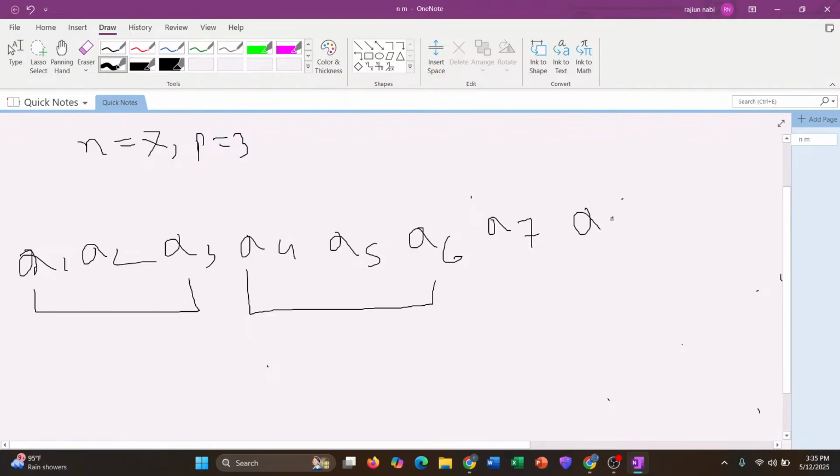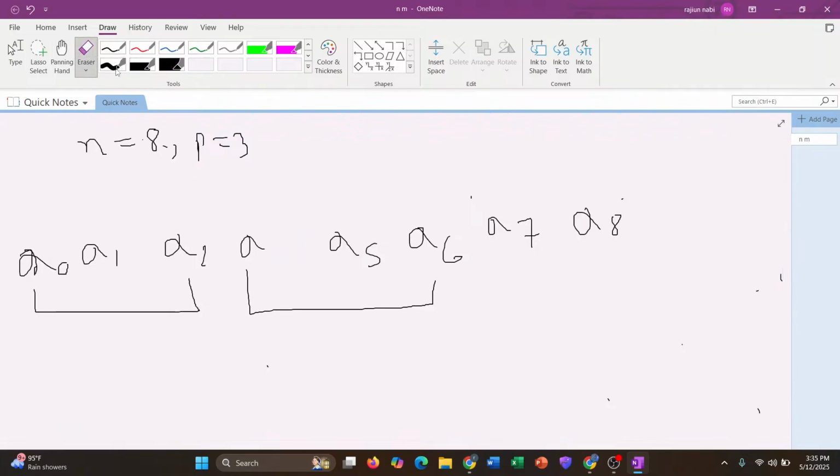I hope n equal to 8 will be a better example. Then 2 extra elements are left. If we rewrite it like this, it will be first 0 1 2.